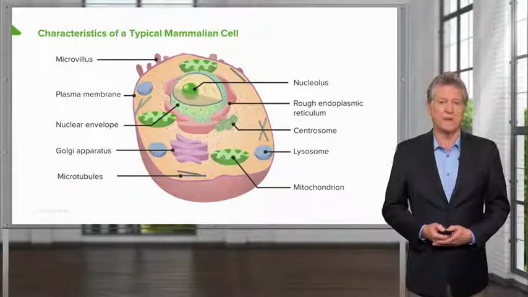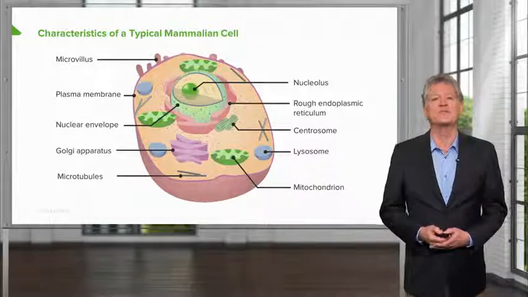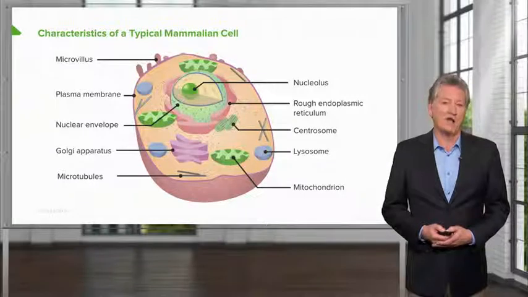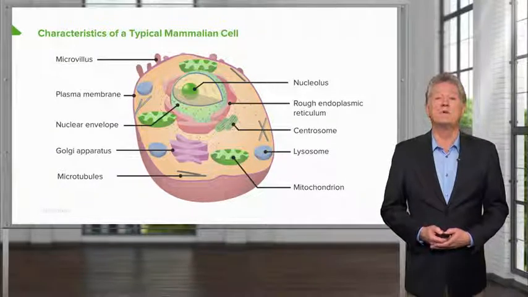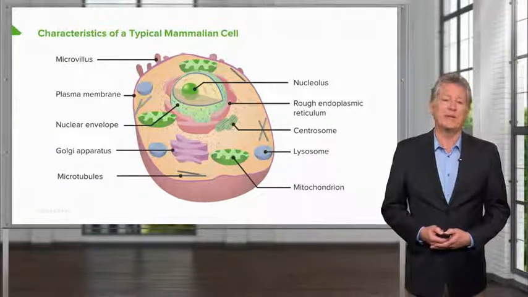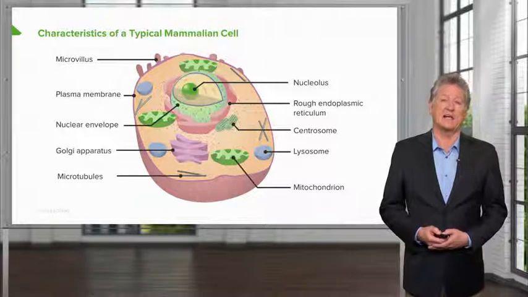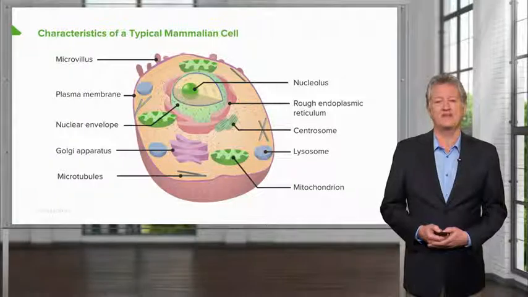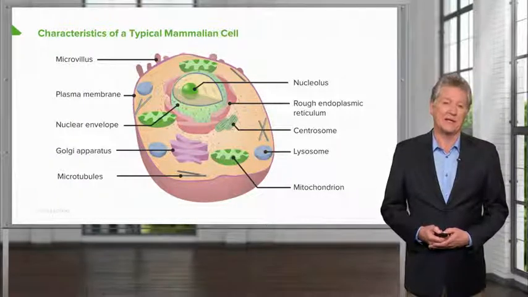I'm not going to talk about the microvillus projections from the cell you see at the top of this image. Those microvillus projections would be more important when we look at epithelial cells in later lectures. But I am going to look at all the remaining structures you see labelled there.